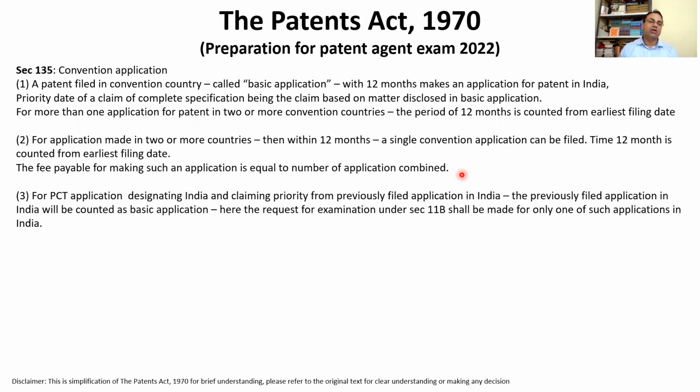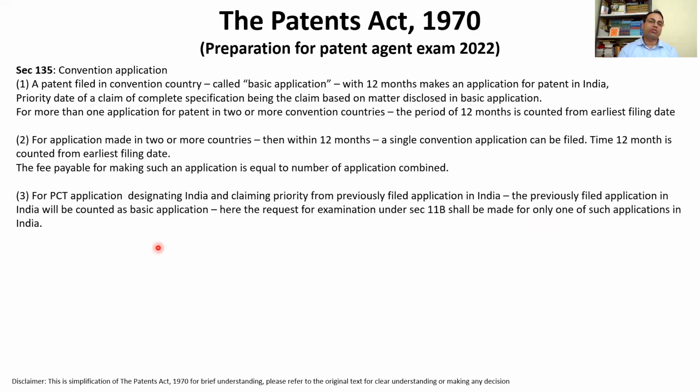Number 3 says for a PCT application designating India and claiming priority from a previously filed application in India, the previously filed application in India will be counted as the basic application. Here the request for examination under section 11B shall be made for only one of such applications in India.